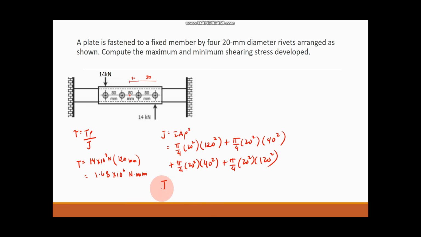Therefore, the polar moment of inertia is equal to 10.05 times 10 raised to 6 millimeter raised to 4.